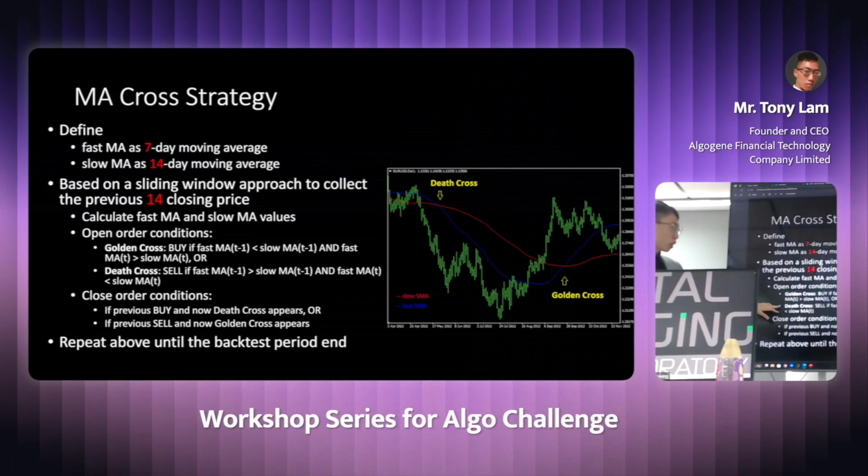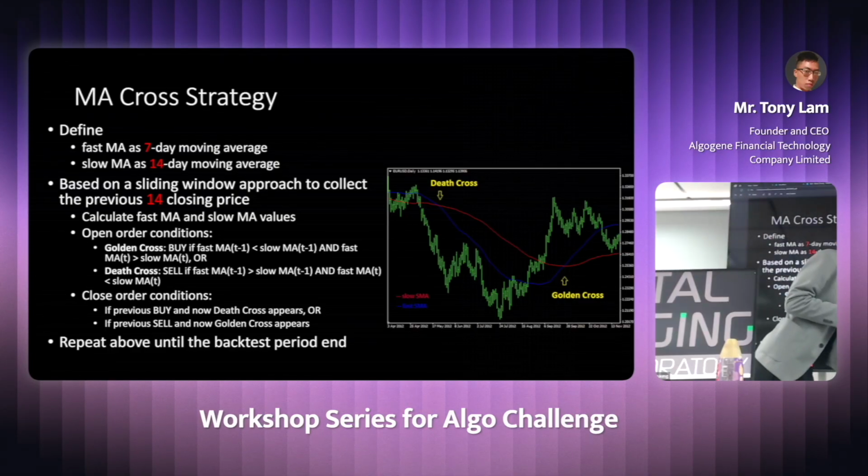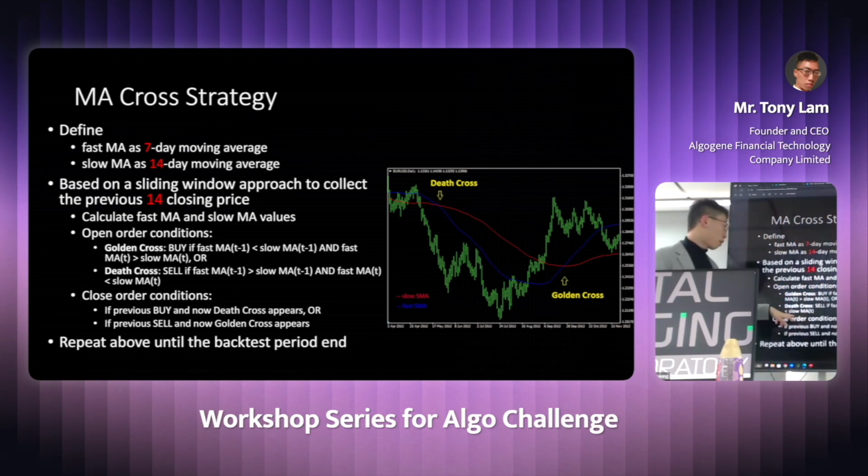On the other hand, a dead cross will occur if the previous day's fast MA is greater than slow MA, and today's fast MA is less than slow MA. So it will be a dead cross, and for a dead cross, we will open a sell position.